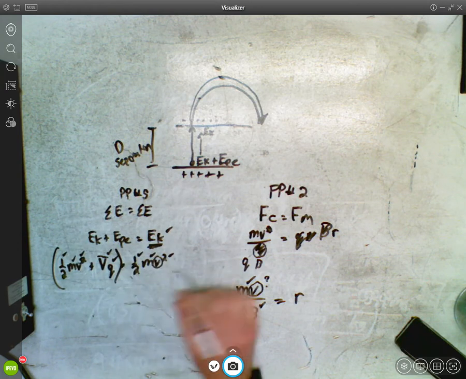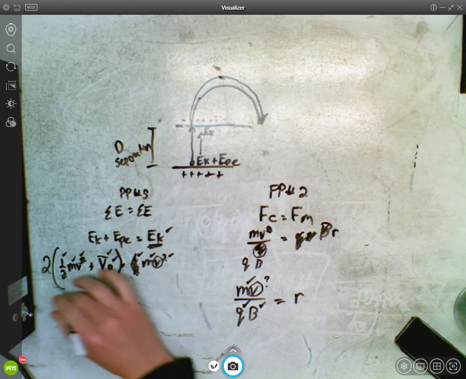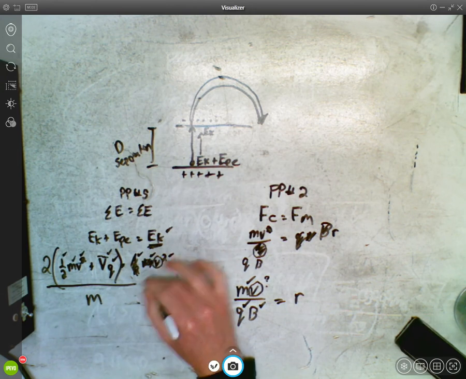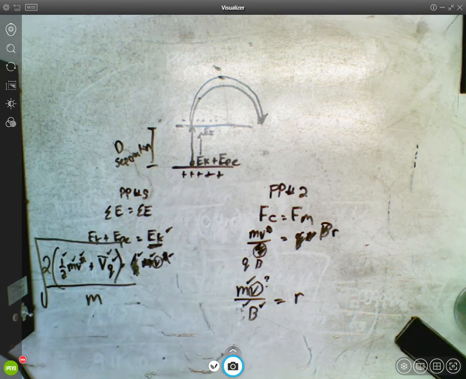So to rearrange this, we'd move the 2 up top, and then we'd move the mass down below, and then we'd have to square root it to find that v. So I'll plug in the numbers here. So 1/2 times the mass of the proton, and I just want to double check to make sure I throw in the right number for that mass of the proton.